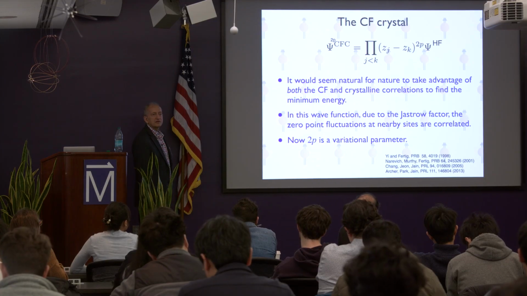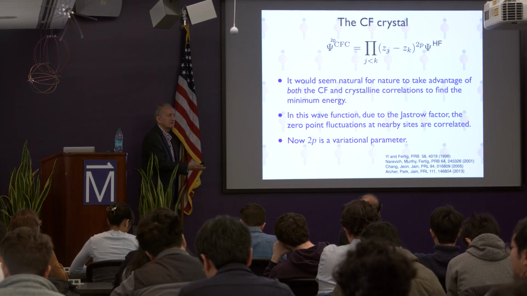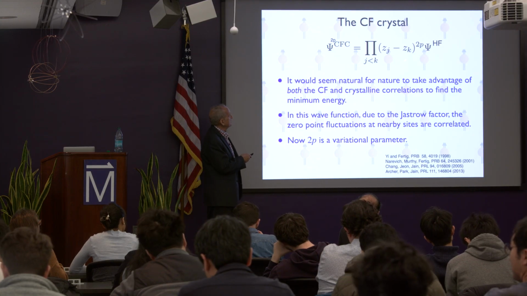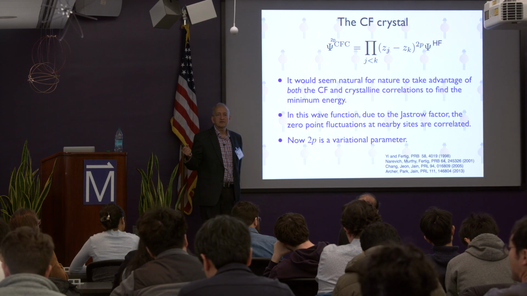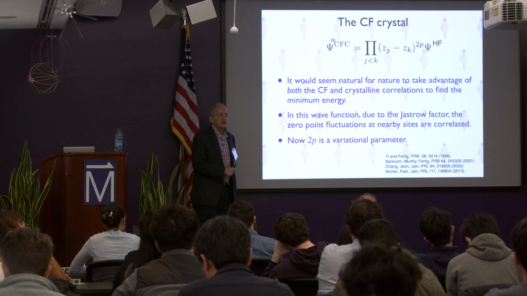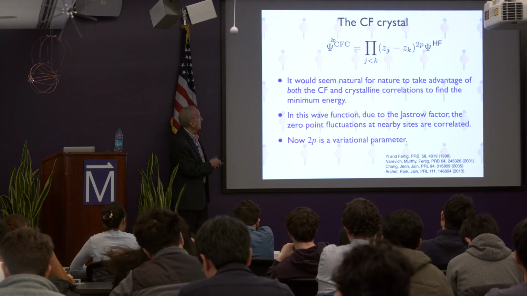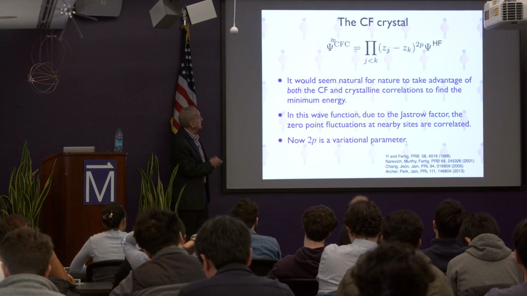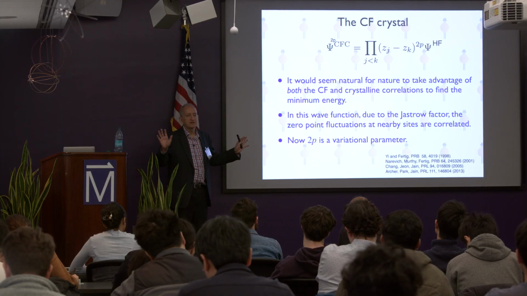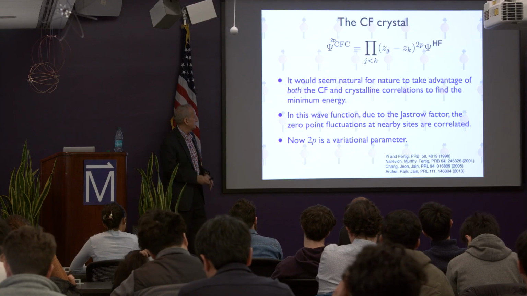But we considered the possibility that the crystal could be a crystal of composite fermions. So what we do here is that we do not bind all the vortices that are available to the electron. We bind a few of them, and the remaining degrees of freedom are used to make a crystal. And how many vortices are bound is a variational question. Whatever gets the lowest energy, you bind that many vortices.